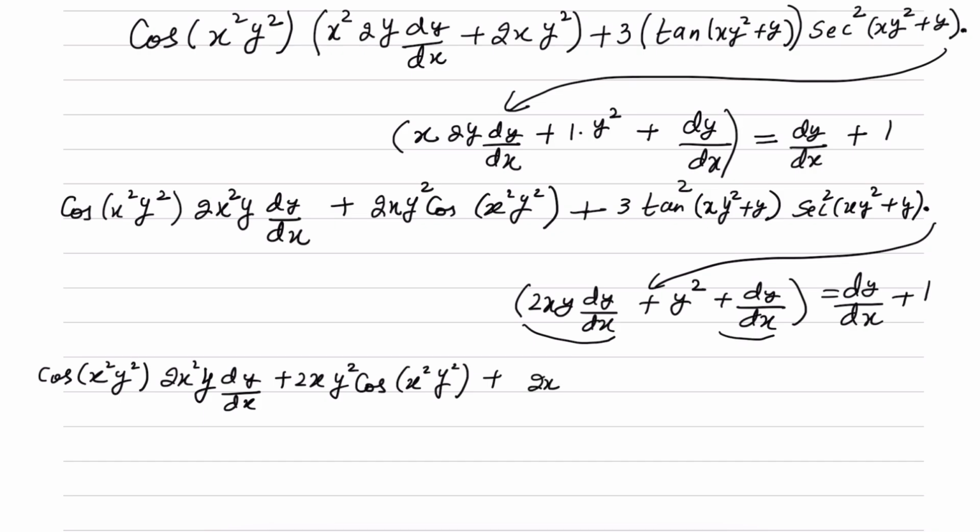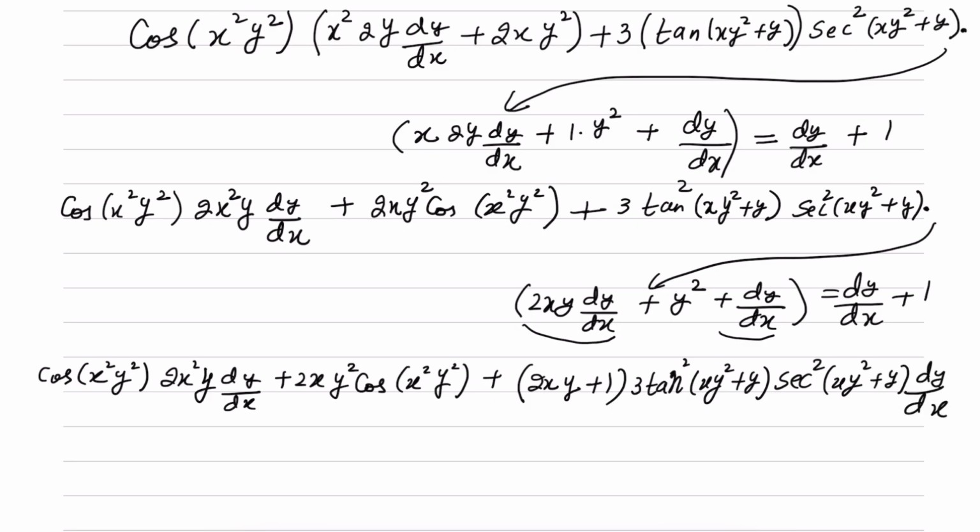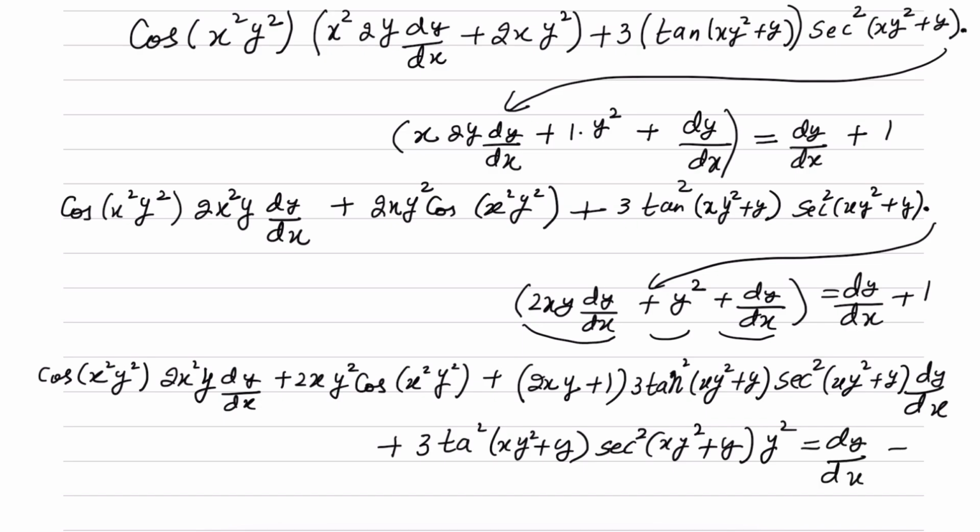So we have (2xy+1) multiplied by 3 tan²(xy²+y) sec²(xy²+y) into dy/dx, and another term is 3 tan²(xy²+y) sec²(xy²+y) into y², which is equal to dy/dx plus 1.